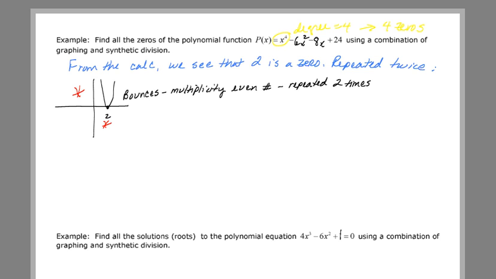Well, we're going to use a combination of graphing and synthetic division, so my next step must be synthetic division. And let's use the number we found on the calculator, making sure we put a 0 in for the missing 3rd power when we do our synthetic division.